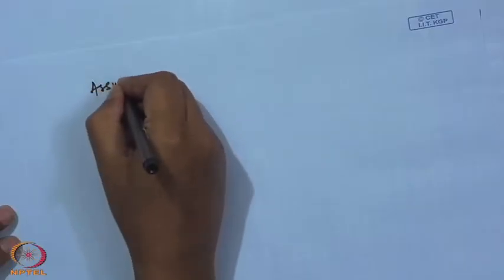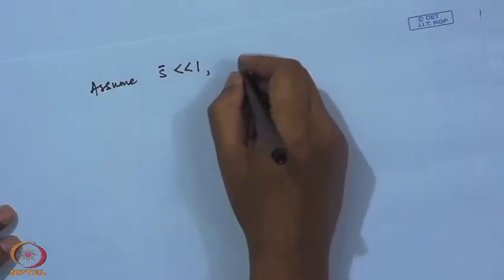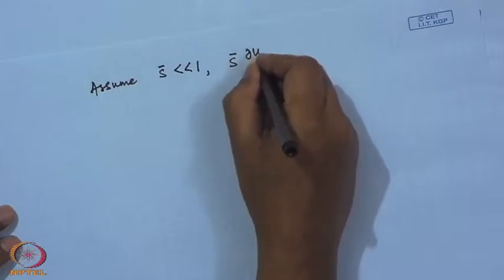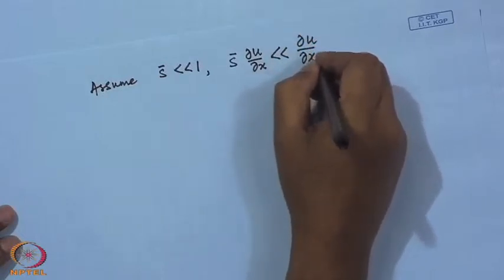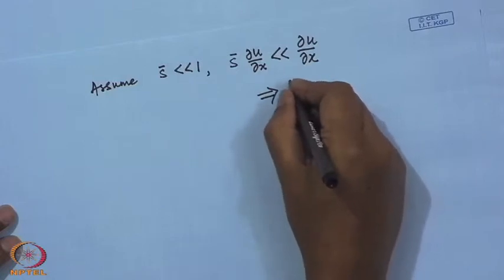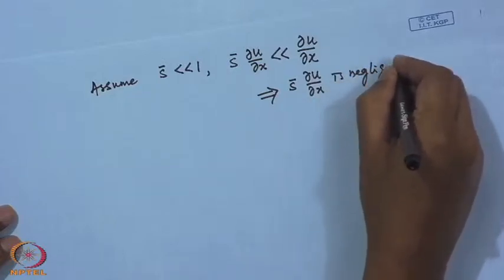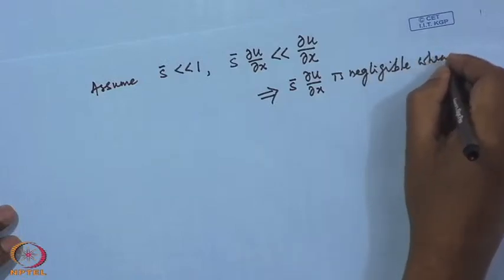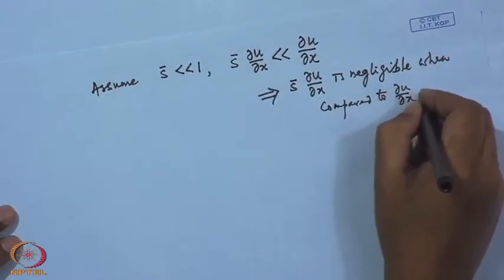That is, we now assume that the disturbances are small, that is, we will assume s̄ ∂u/∂x is much smaller than ∂u/∂x, that is negligible when compared to ∂u/∂x.